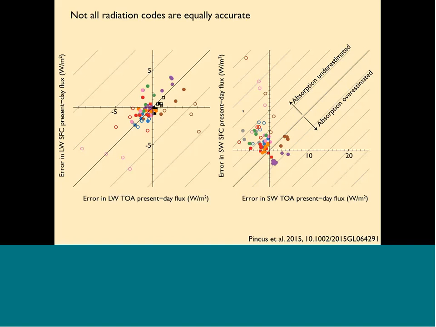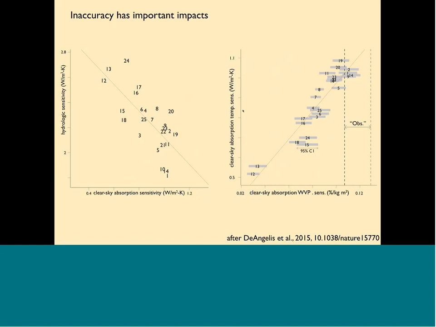I want to point out that errors are present in some of these models that are enormous, 20 or 25 watts per meter squared in surface fluxes, much of that reflecting differences in the absorption of solar radiation. And these errors matter, as you might expect. This is a paper from Anthony DeAngelis that appeared last year in Nature, where he's relating the hydrologic sensitivity, basically the rate of change of surface precipitation as a function of warming.